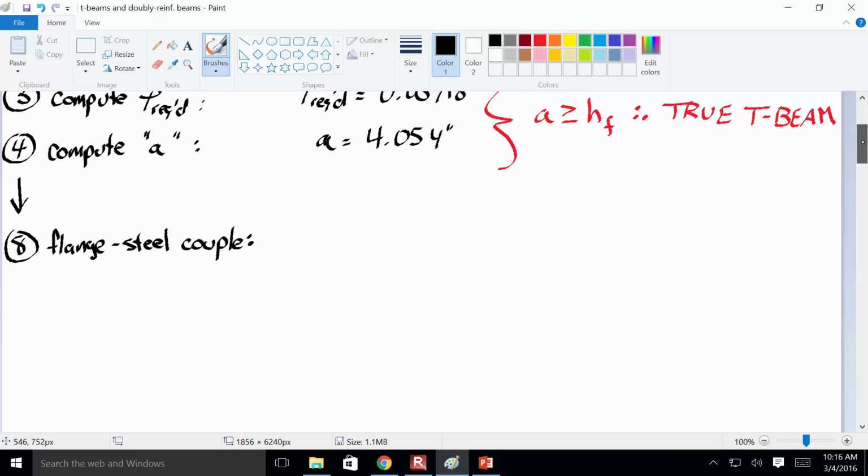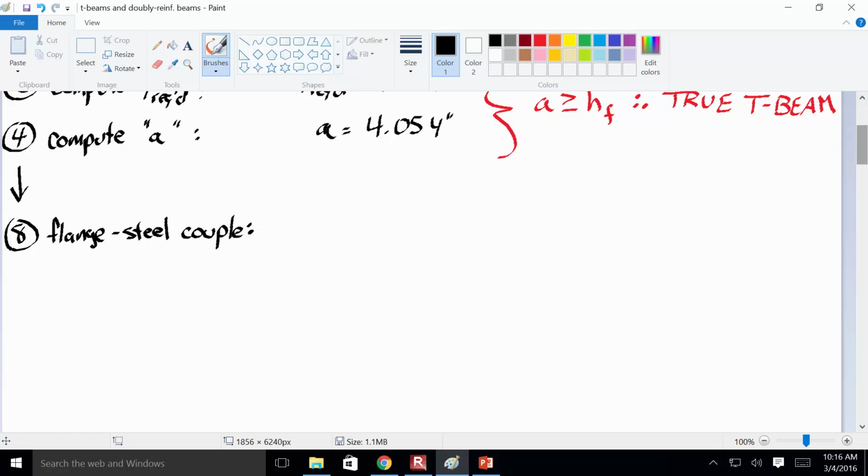In other words, we're dealing with a section where we know that the depth of our stress block is going to be in the web. So because of that, what I'm going to do is compute how much steel is needed for the flange couple, and then compute its moment capacity, and then based off that go and back calculate how much we need for the web. So I'm going to compute the required area of steel for the flange directly.